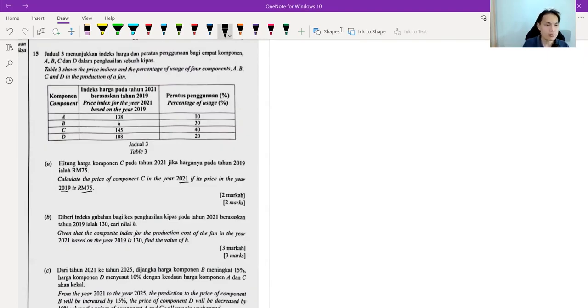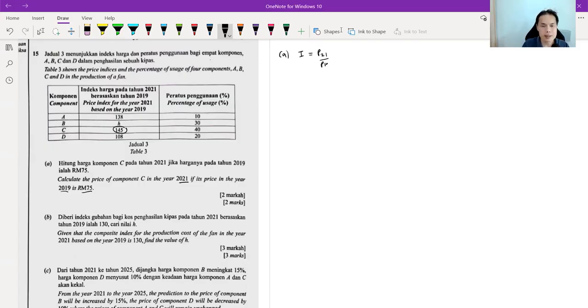So let's focus on component C. The price index is 145. You know that price index is the price in the current year, which is 2021, over the price in the base year, which is 2019, times 100. So we know the price index is 145. The price in the current year, which is year 2021, I don't know.